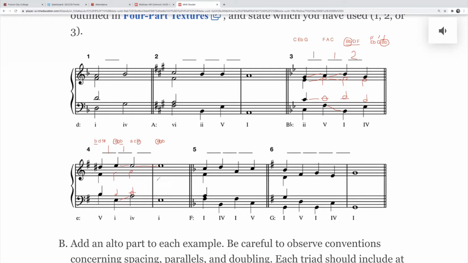I'll be honest, I don't remember step 3. Oh, the method number 3. Yeah. Method number 3 is common tone, stepwise motion, and a tertian leap. That's right.